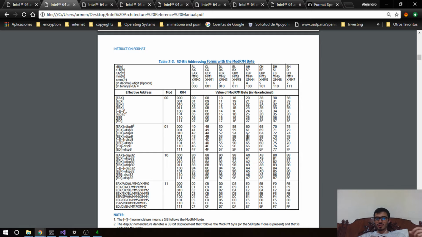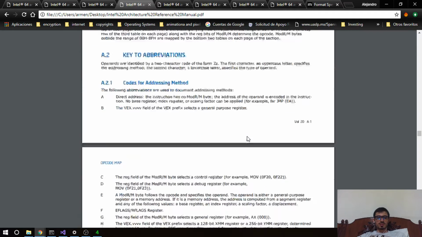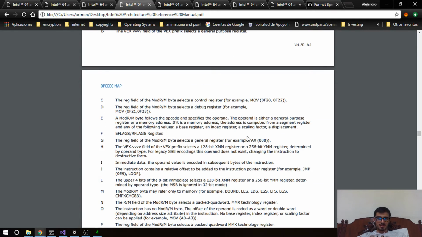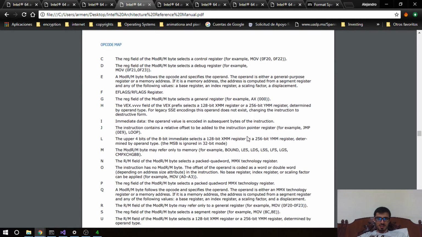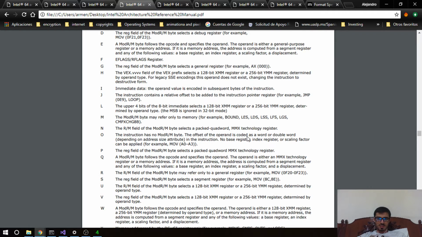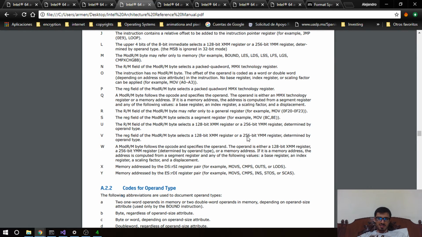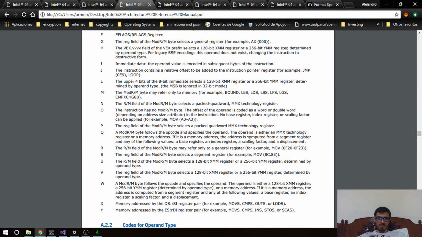I don't know if, no, I don't remember. Some of the modes here tell us about displacements, probably. I don't think so. But yeah.